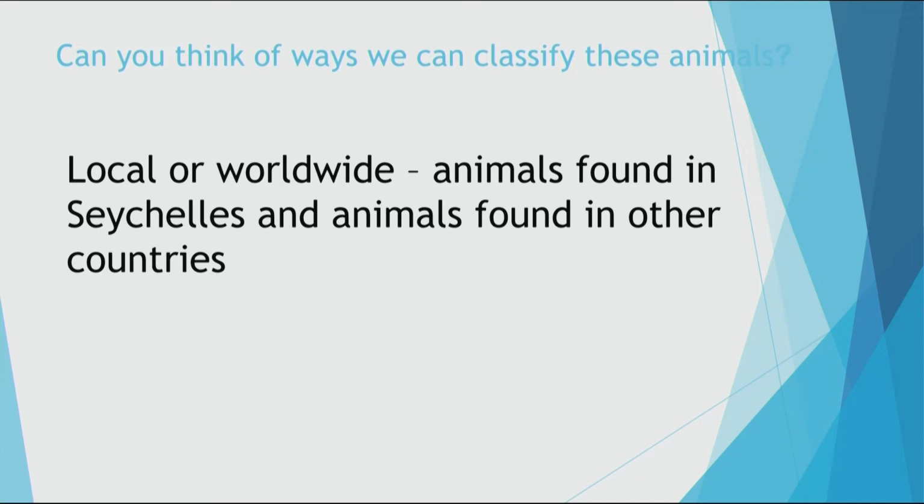And of course, there are animals that can be found in other countries and not here in Seychelles. From my list, can you think of animals that are not found in Seychelles, but are found in other countries? Yes, the elephant is one of those animals. The cheetah, the lion, we don't have those in Seychelles.